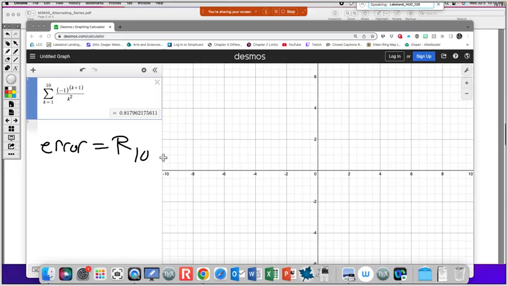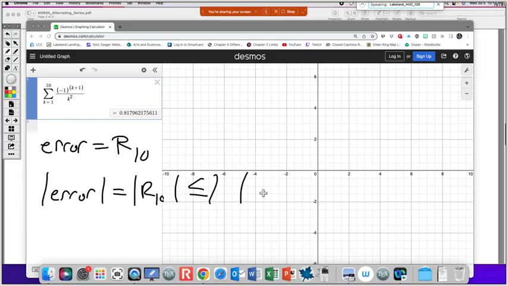So the best thing we can do is bound it. So the absolute value of the error is the absolute value of R10, which is going to be bounded by the absolute value of the first neglected term. So what's the first neglected term?